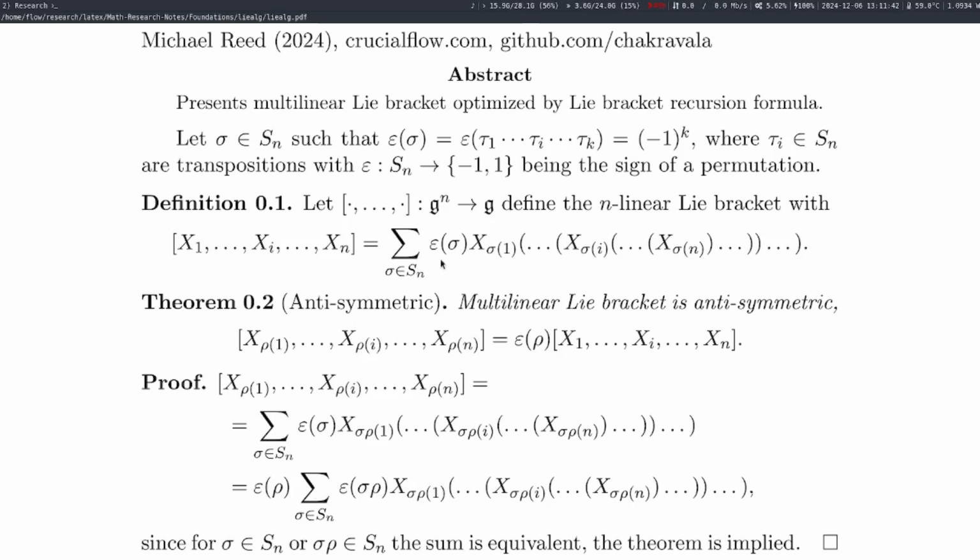And this is just again the definition of the n-linear Lie bracket. So it's true, but now we have this extra factor of the sign out front.